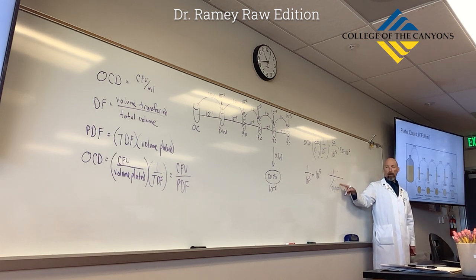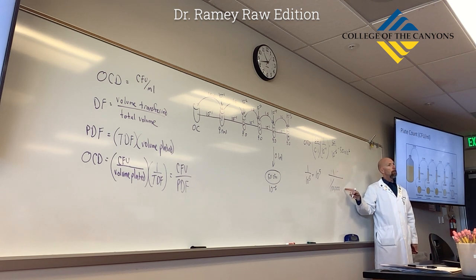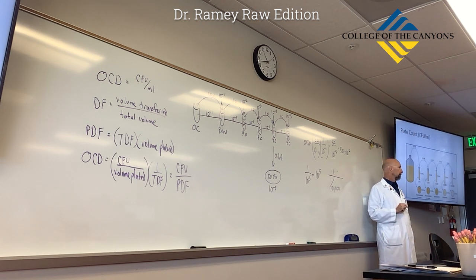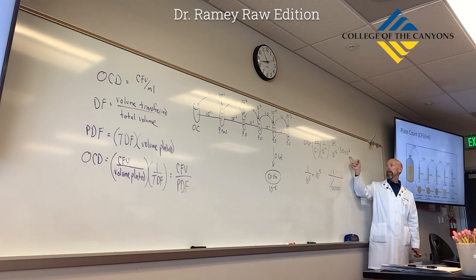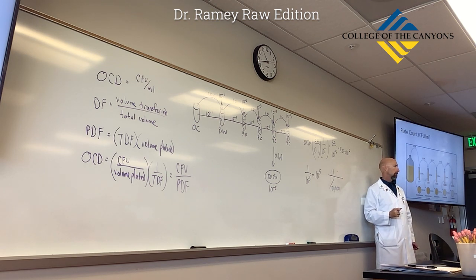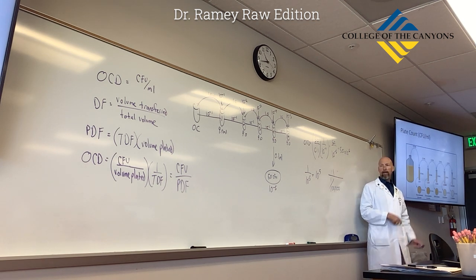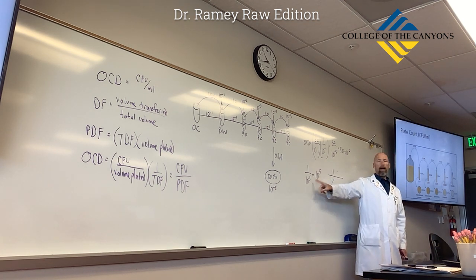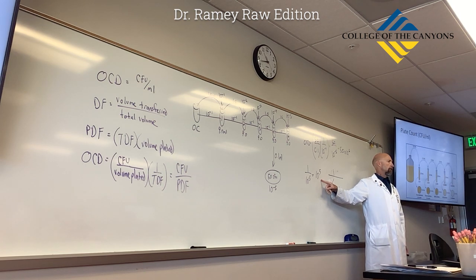Right? So 1 over 100,000 equals 100,000. And 100,000 is 10 to the 5th. Everybody see that? The beauty of scientific notation. 1 over 10 to the minus 5 equals 10 to the 5th.